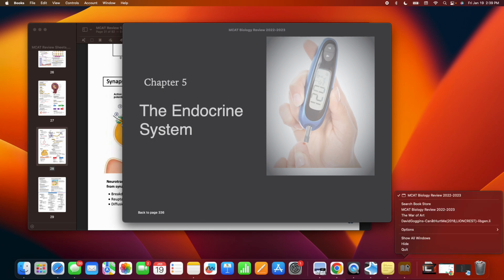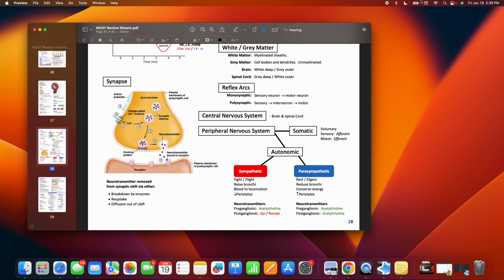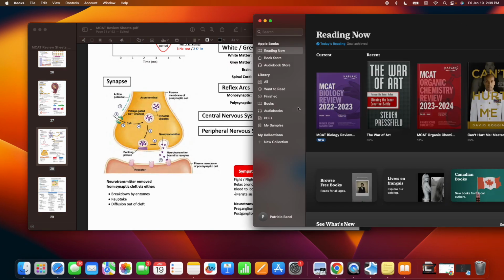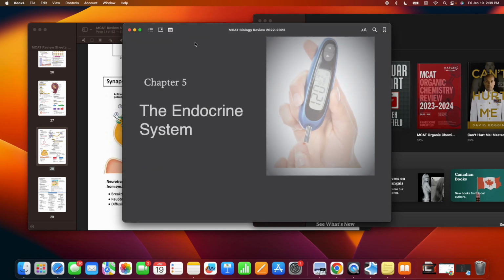Yes, I gotta close it. Don't mind the other books that I am reading. I just want to be able to open my chapter questions.